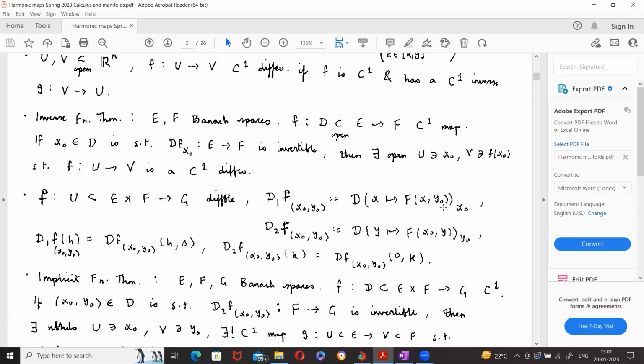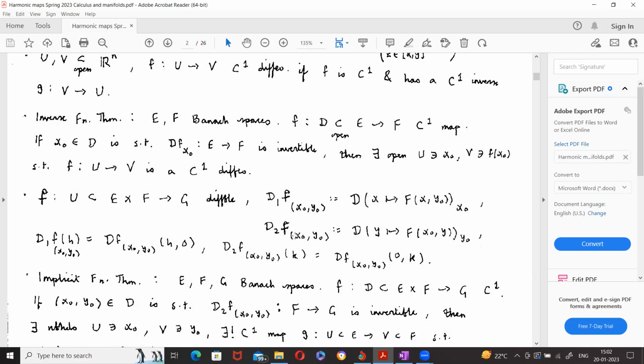I fix y equal to y0, and then I look at the map from the Banach space E to the Banach space G, x goes to f(x, y0). And I take the derivative of this map at x0.